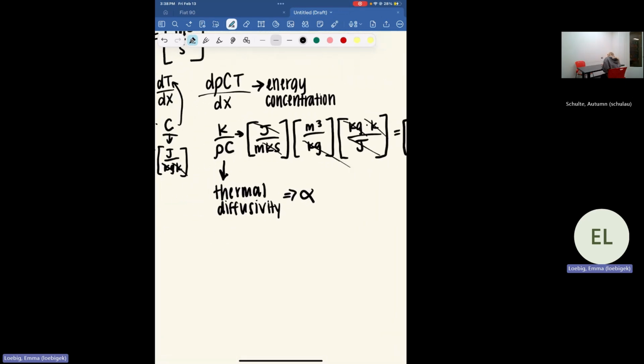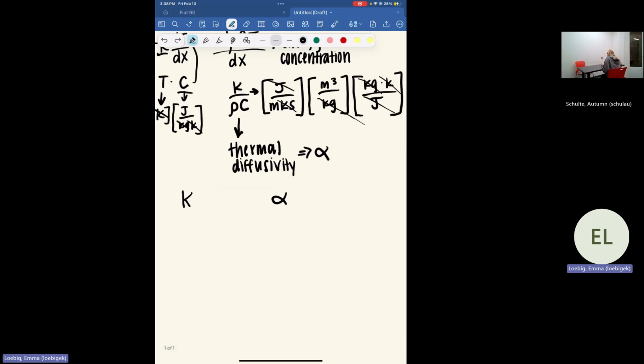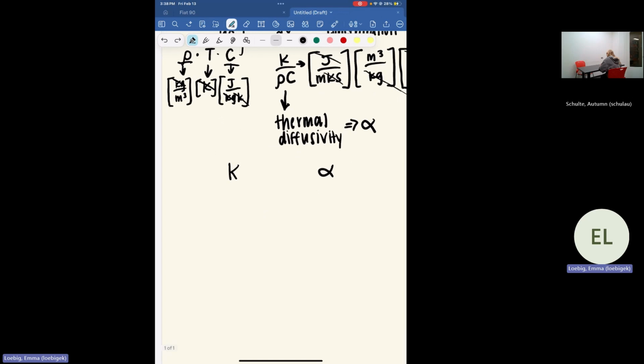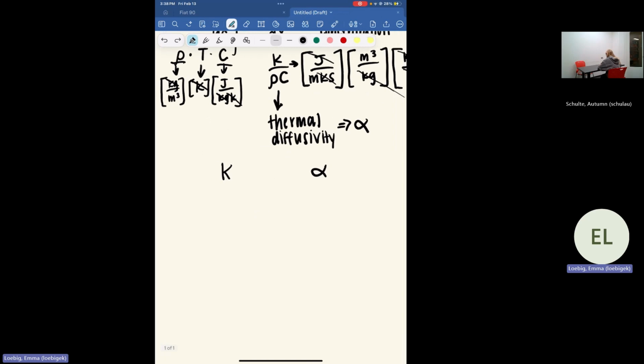Now we can see that the difference between thermal conductivity and thermal diffusivity is rho C, or the volumetric heat capacity. So to take an example of this to further describe their differences, I want us to imagine that we have two rods. Both of them have the same thermal conductivity value K, but they have different metals.